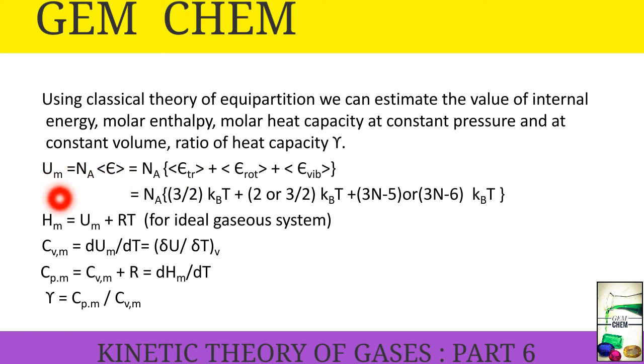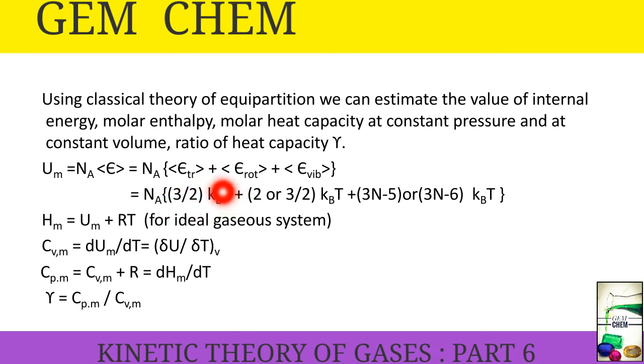Now, this is Um, that is our internal energy. It can be obtained by using Avogadro number multiplied by the total energy. This total energy comes from the contribution of translational energy, rotational energy and vibrational energy. The values of these energies are given as follows. For translational energy, it is 3/2 kBT.